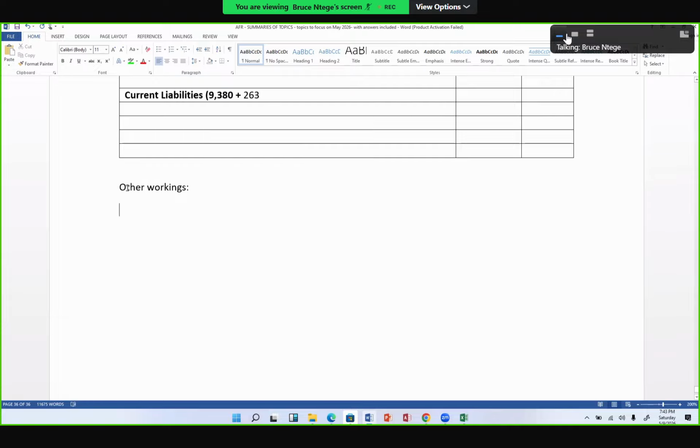I think it will be better to have it in the form of a table. So let's say working for the consolidated retained earnings. Let me just put a table here.